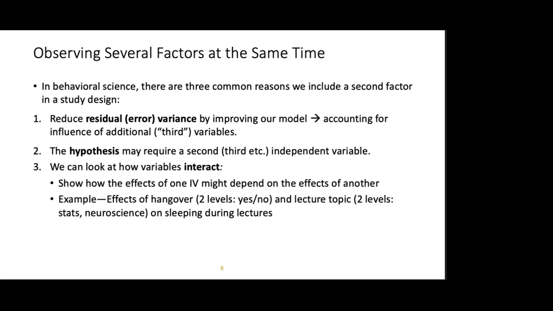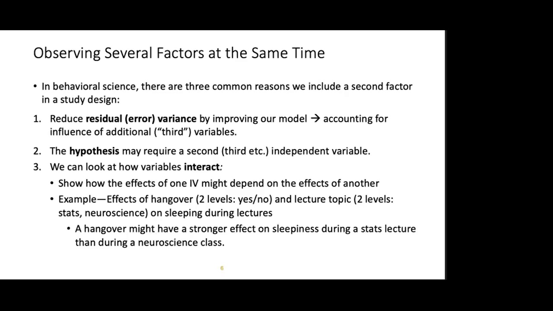Our dependent variable would be the amount of time that students spend sleeping during the lecture. Then we could test whether there's an interaction, right? So whether the hangover actually has a different effect on sleeping duration in a neuroscience lecture versus a stats lecture. It might not be the same. You might sleep more or less in one or the other. Okay.